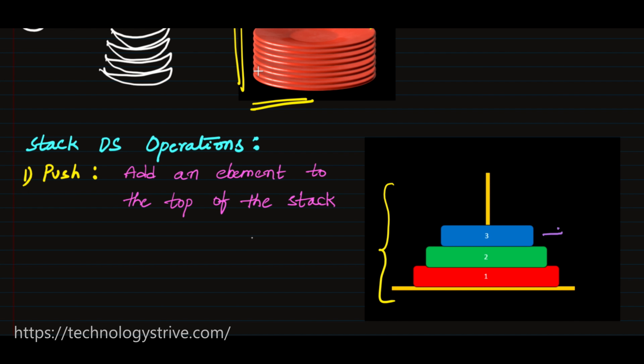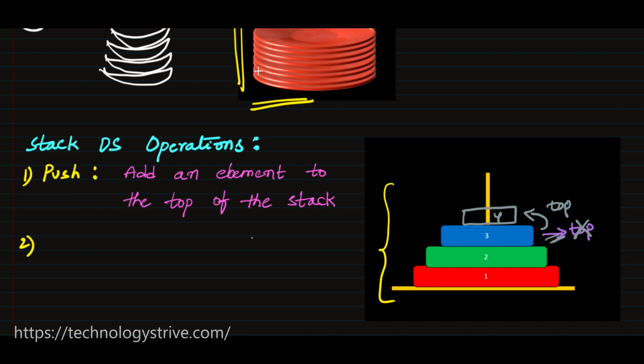So currently this is the top element, right? Suppose we are going to add one more disk, then we have to add it only on top of this. So the current top is this one, and on top of it, right? So now this is going to be the top element. And the second one, after adding 4, again we have removed it. So this is called the pop operation.